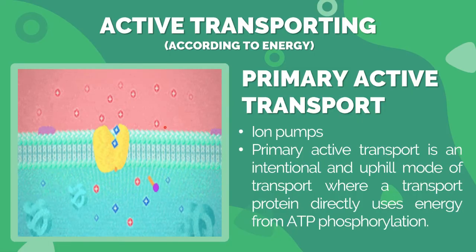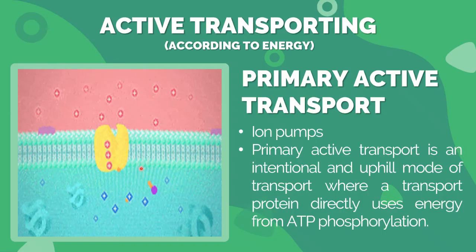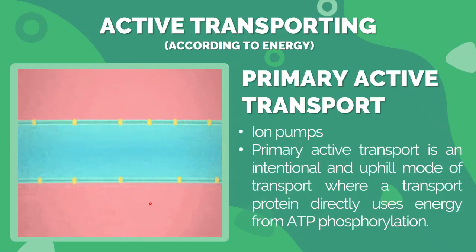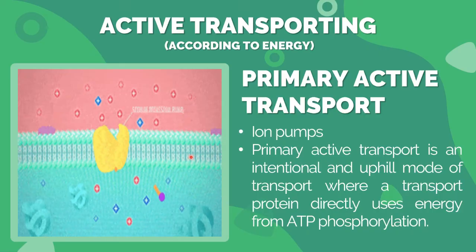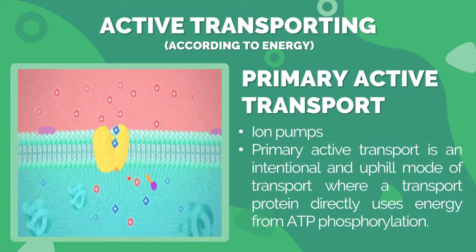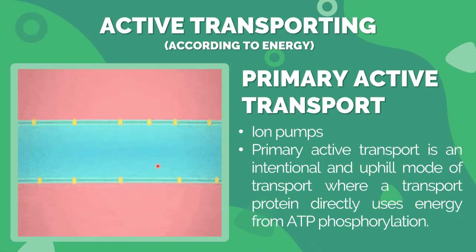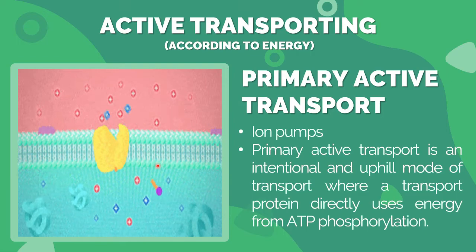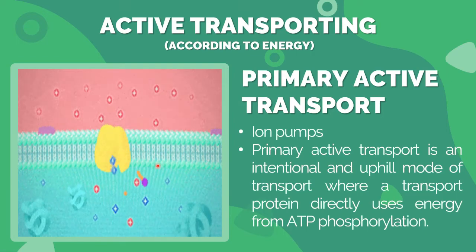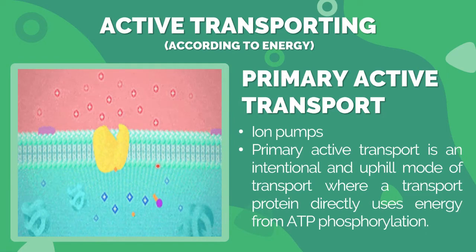So, take a look at this illustration po. Kung mapapansin nyo po dyan, meron kayong ATP. Ito pong ATP na to, i-attach po niya yung kanyang sarili dito sa tinatawag nating ion pumps. Once na in-attach ng ATP ang kanyang sarili doon, matatanggal po ang isang phosphate.